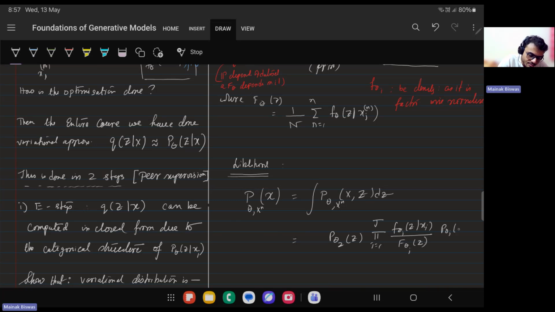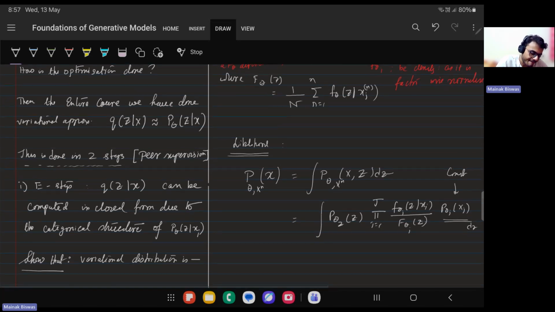into p0 xj, right? So this is a constant. So we can pull this out and we can say that it is a product over j equal to 1 to J of p0 j xj, the integral of p theta of z, j equal to 1 to J, f theta j z given xj.